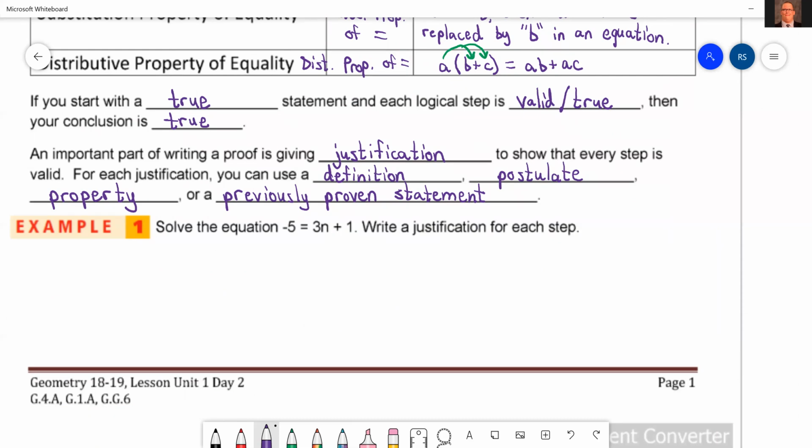Okay, example number 1. It wants us to solve the equation -5 equals 3n plus 1. And we have to write a justification for each step. So we've got to tell the 3-year-old why. Okay, so I'm going to make a little T-chart here to do our proof.